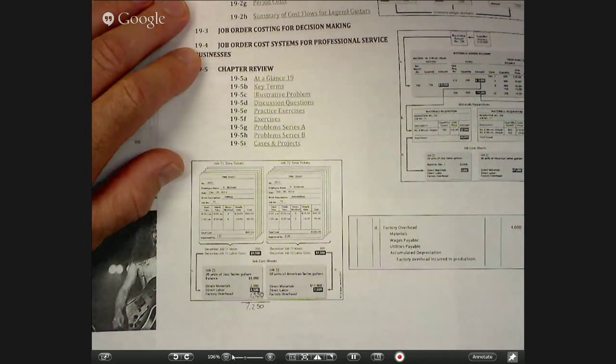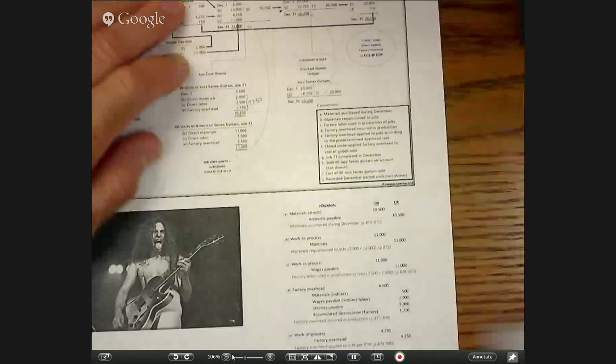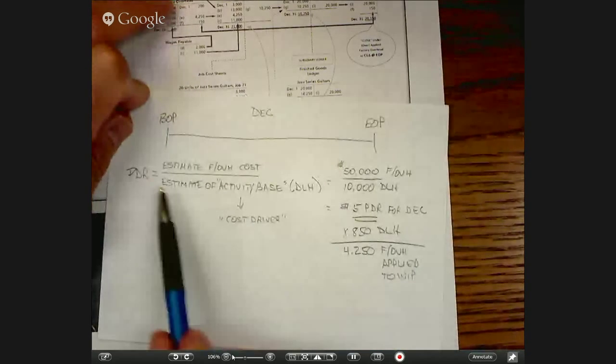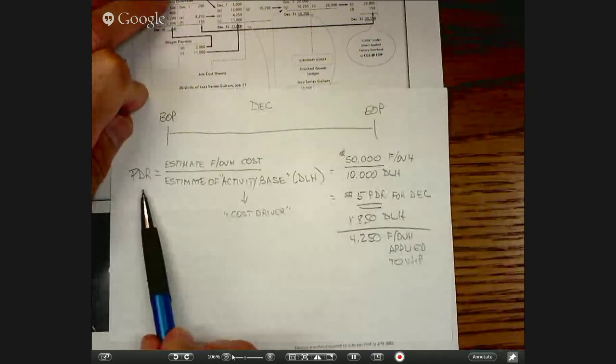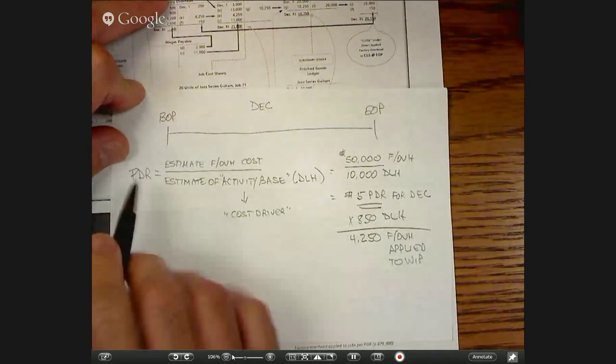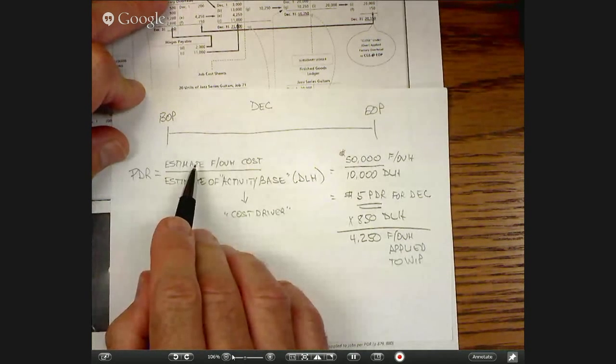Overhead, as we mentioned, is allocated or averaged to the various jobs by this technique called a PDR, predetermined rate, that's done at the beginning of the period. So this predetermined rate is an estimate.